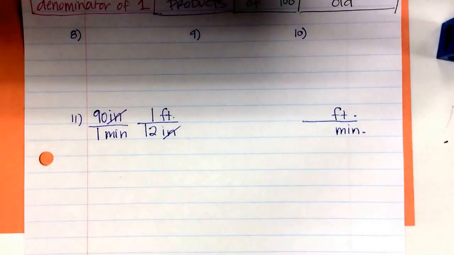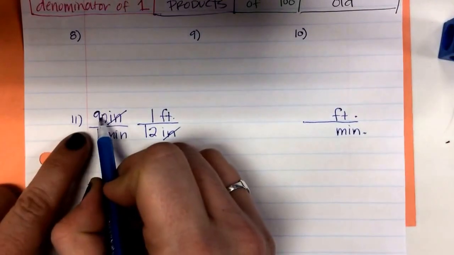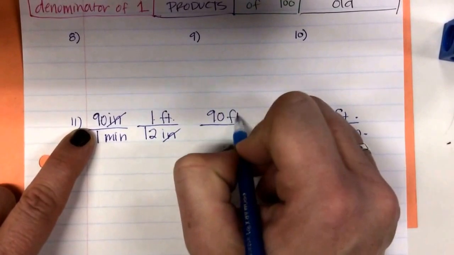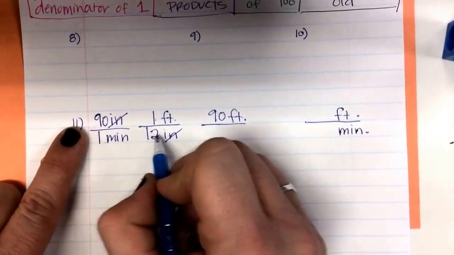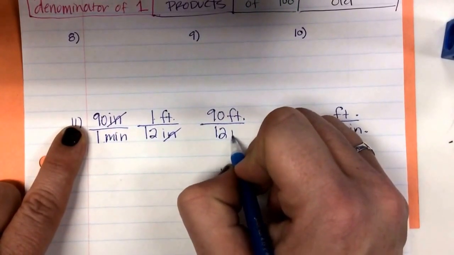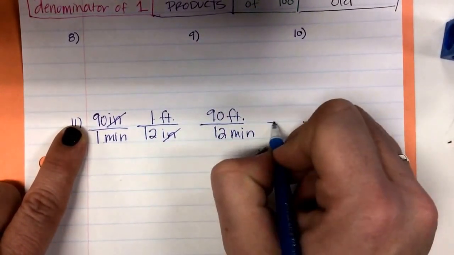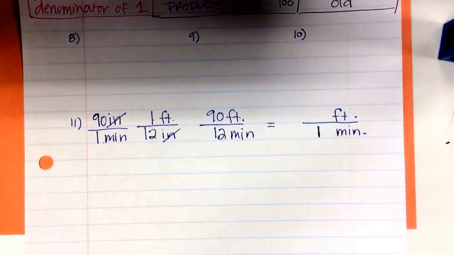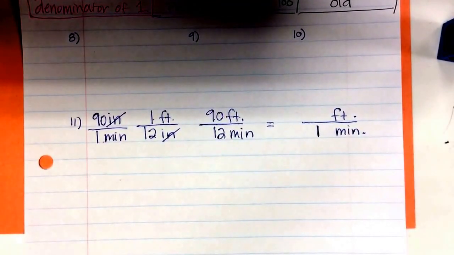So let's do the math. 90 times 1 is 90 feet. And 1 times 12 is 12 minutes. But I want it to be a unit rate. I want to know what 1 minute is. How do I figure out, if it's 90 feet in 12 minutes, how many feet it is in 1 minute?